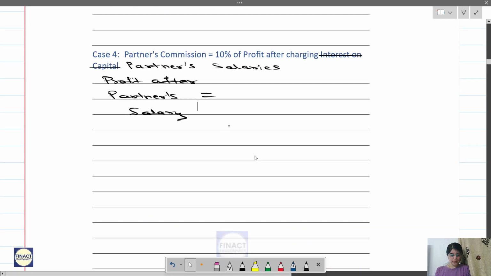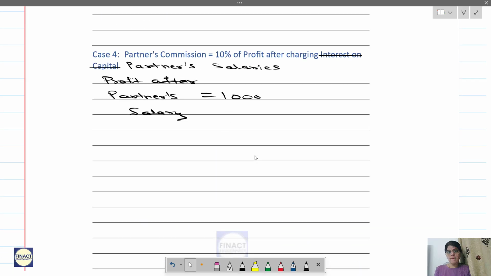So 1 lakh plus 20,000 minus 15,000. Okay, so that is 1,20,000 minus 15,000. You get 1,05,000.